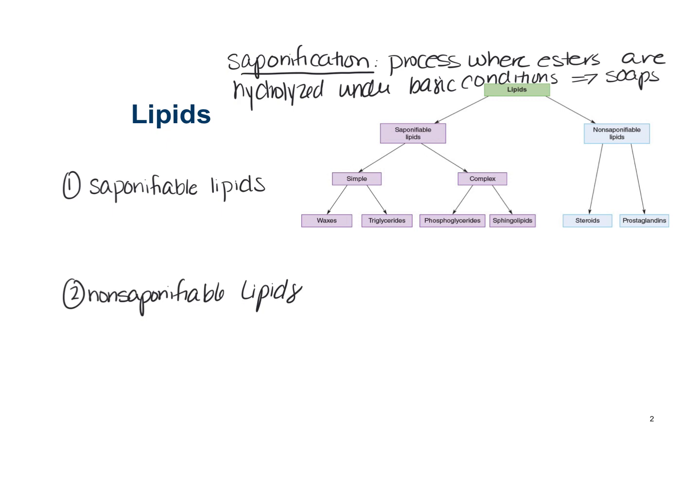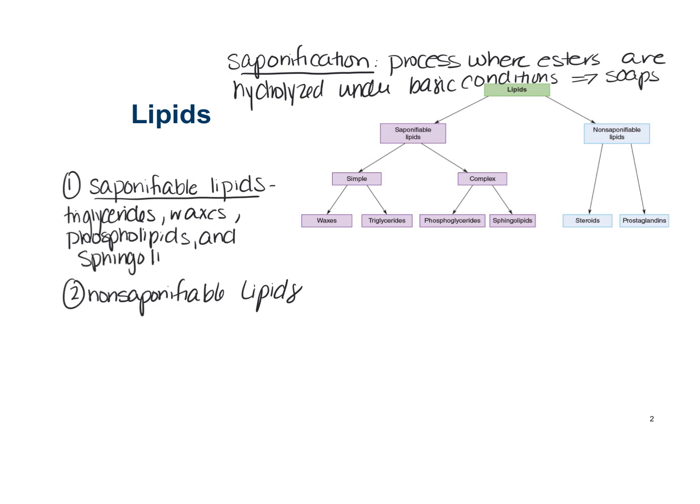So things that can undergo saponification, or are saponifiable lipids, are things like triglycerides, waxes, phospholipids, and sphingolipids.